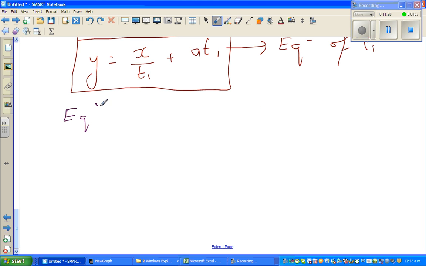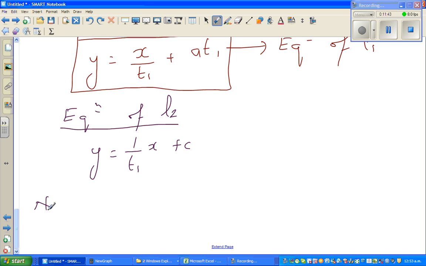Equation of L2, the same process. y is equal to the gradient, which is 1 over t2, times x plus c. Now we know x is at2 squared and y is 2at2.